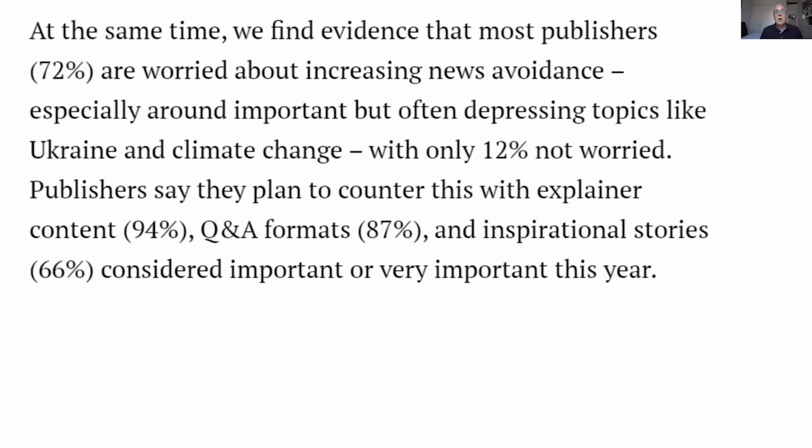As individual journalists, there's not a lot we can do about a lot of that, but providing more good explanatory material is something that we can do. And we're not the only ones who think that. A recent Reuters Institute survey of publishers found that 94% say they plan to counter news avoidance by readers by increasing explanatory content.